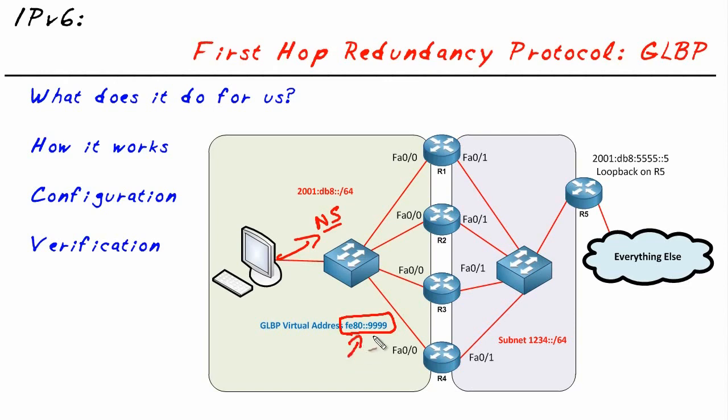That's a whole nother story all by itself. But when that request goes out, the active virtual gateway is going to be one of the responders who says, hey, here's the answer you need regarding the layer 2 address of your default gateway. So it's a neighbor solicitation, then we have a neighbor advertisement. And that neighbor advertisement is going to include the MAC address that's associated with that virtual gateway.